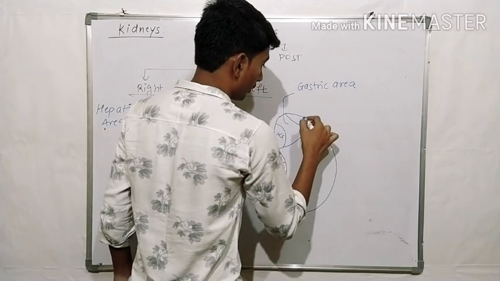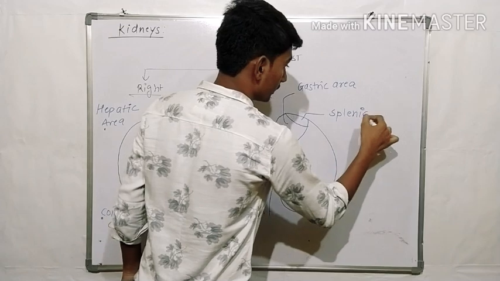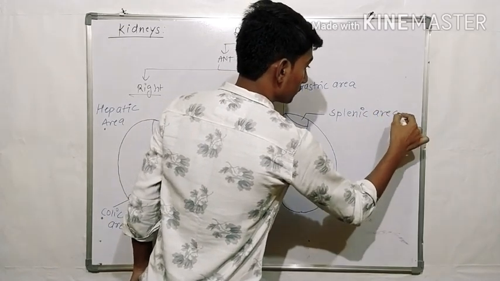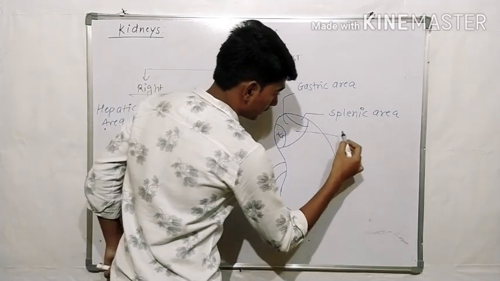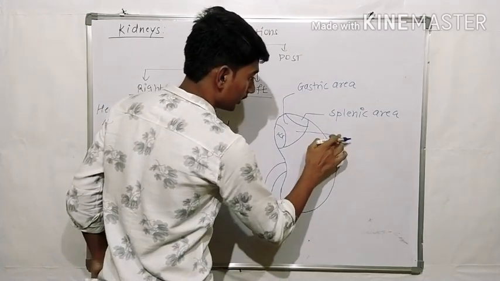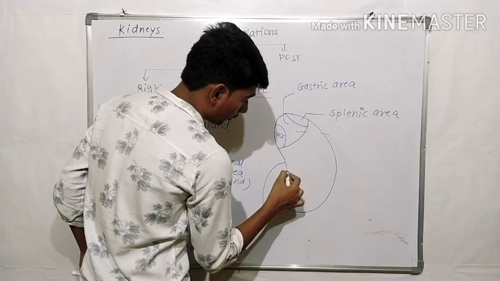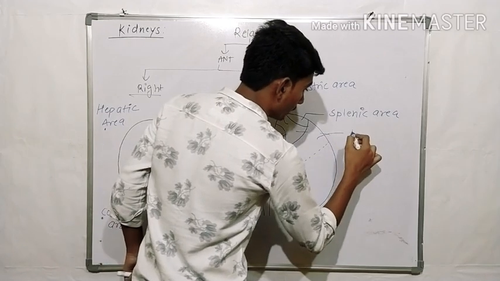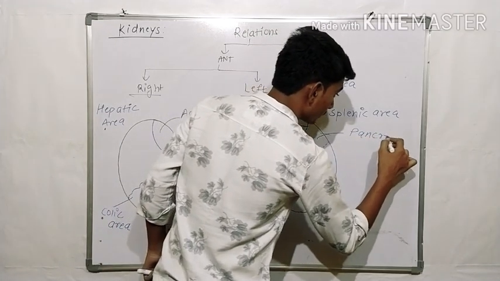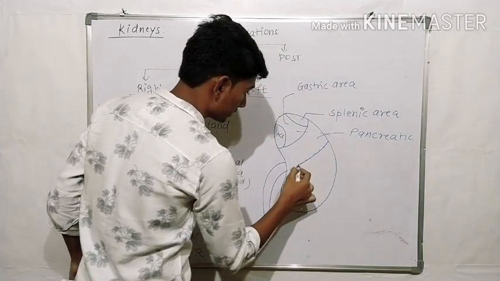Now lateral border of upper part is also related to spleen, therefore this is splenic area. Then this one is gastric area. Now the hilum of kidney continues with the body of pancreas, therefore this is pancreatic area.